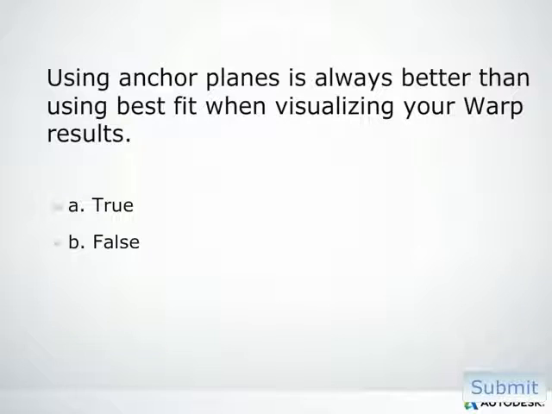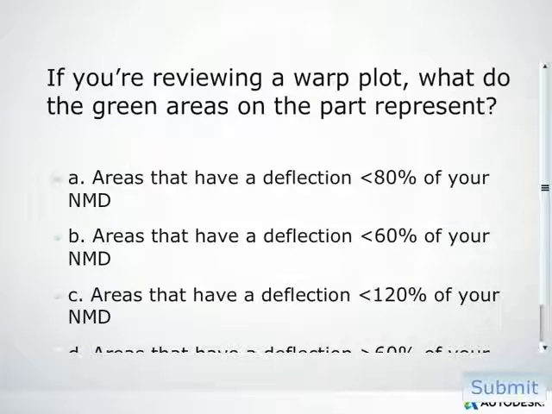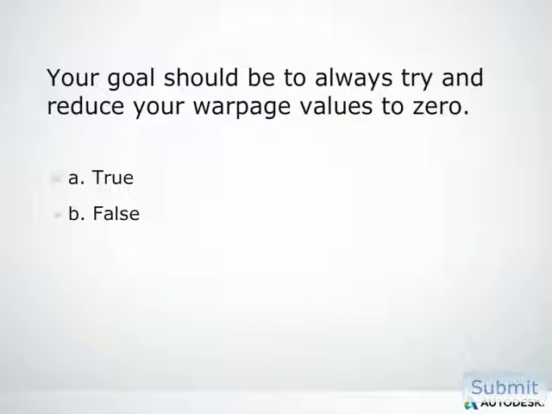Using anchor planes is always better than using best fit when visualizing your warp results, true or false. If you're reviewing your warp plot, what do the green areas on the part represent? Your goal should be to always try and reduce your warpage values to 0, true or false.